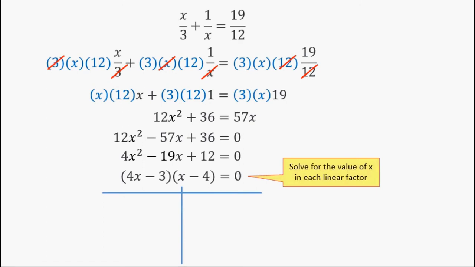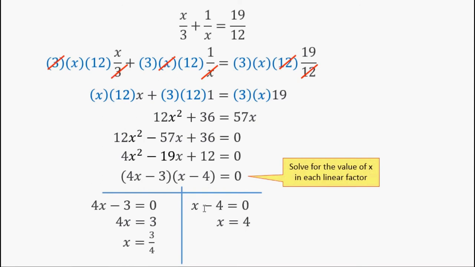Then, kailangan natin i-solve ang value ng x in each linear factor. Kaya, we have 4x minus 3 is equal to 0. Applying APE, we have 4x is equal to 3. And then, dividing both sides by 4, so x is equal to 3 over 4.